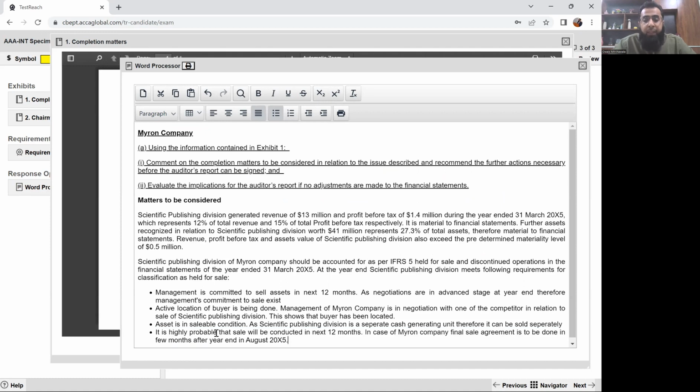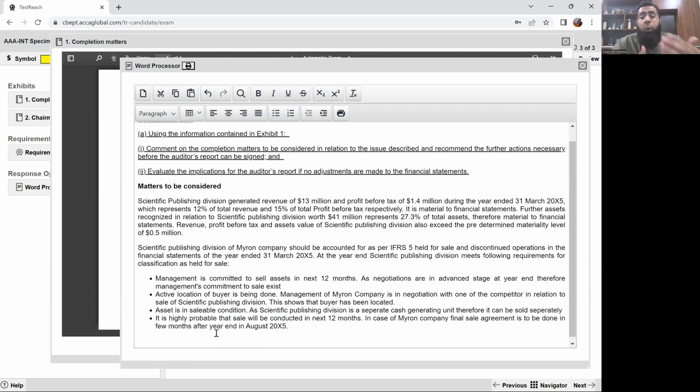Okay, now see, you all know that when we write matters to be considered, we refer to the rules of the accounting standard. And the most important thing is that we have to apply them to the scenario. Okay.